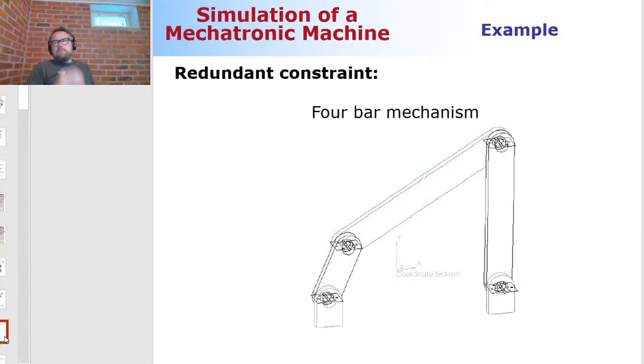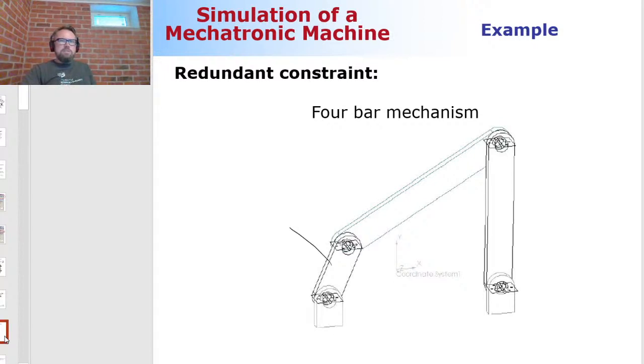Let's do just one more thing, and then we're going to move on to a little bit different story. The 4-bar mechanism. Let's shortly compute the number of degrees of freedom. I said earlier that this was the last stuff about three-dimensional space, but this is obviously the last thing about three-dimensional space.